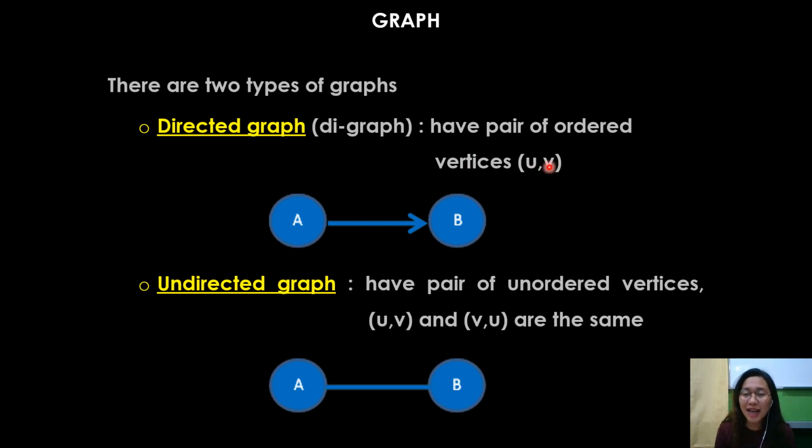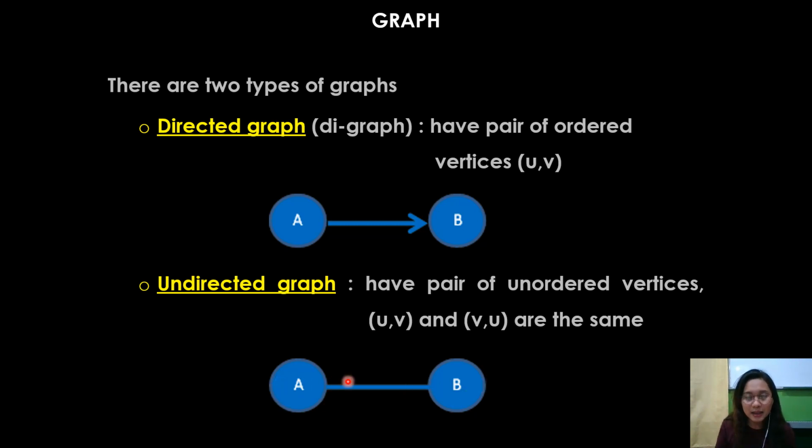Meaning (u, v), which is (a, b), is not equal to (v, u), which is (b, a). While in the undirected graph, which has a pair of unordered vertices, (u, v) and (v, u) are the same. For example, (u, v), which is (a, b), and (v, u), which is (b, a), are equal.